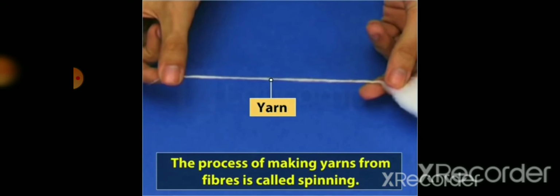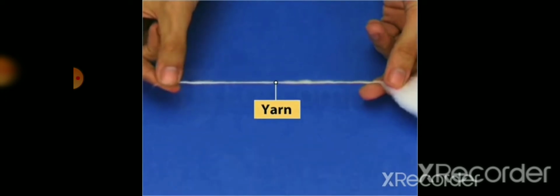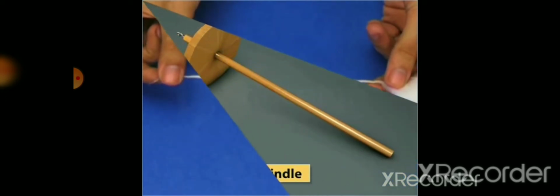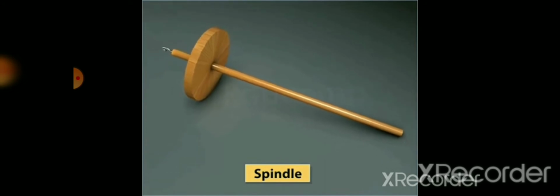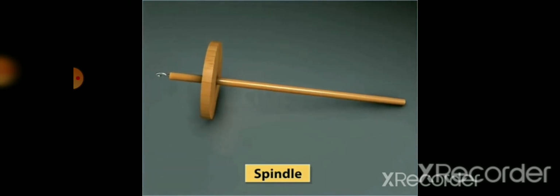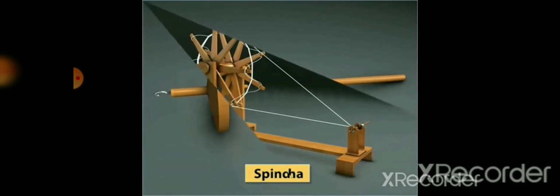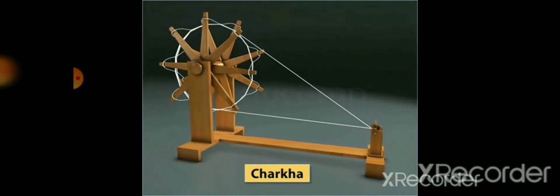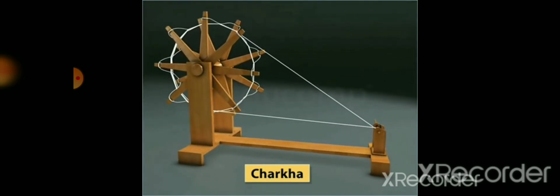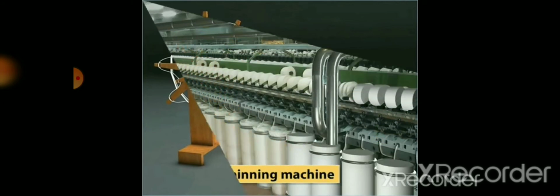The process of making yarns from fibers is called spinning. And spinning can be done by hand or by using a spindle or by a charkha. For large scale production of yarns, spinning machines are used.